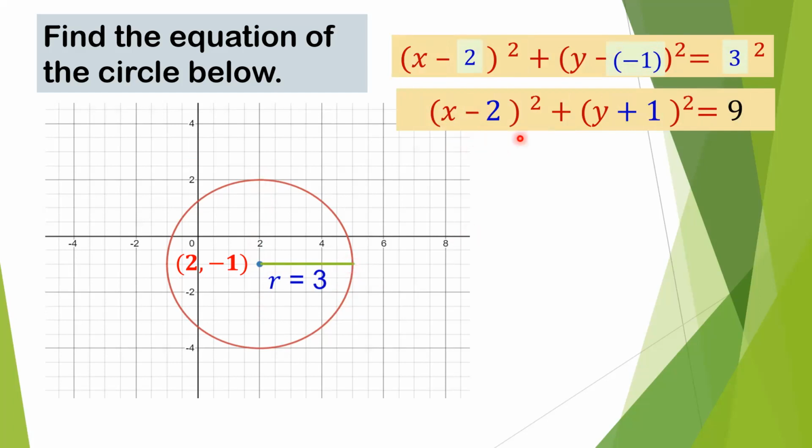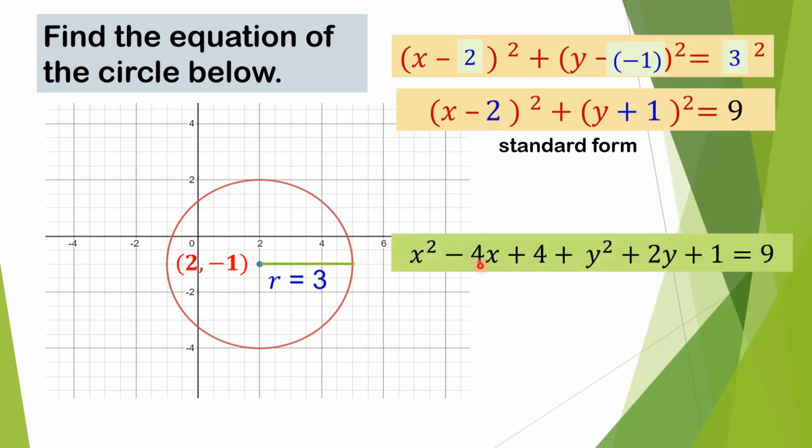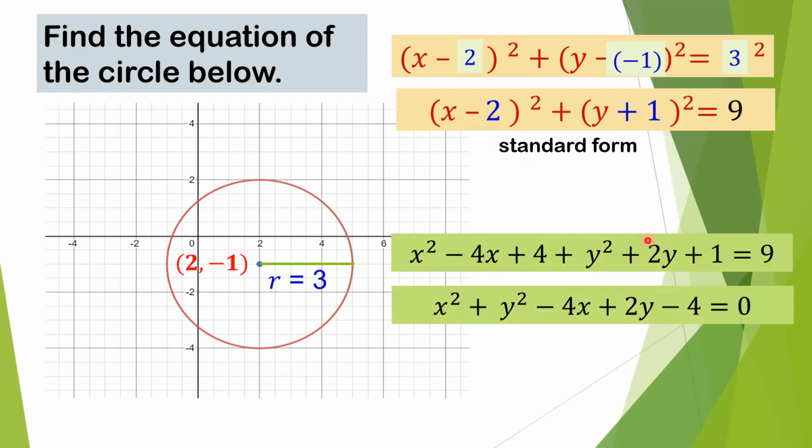Then if we are to transform this standard form to general form, all we have to do is square the respective binomials. So if we are to square this, that will be x squared minus 4x plus 4. In squaring this, we have y squared plus 2y plus 1. That will be equal to 9. This is the general form if we are to arrange our terms.